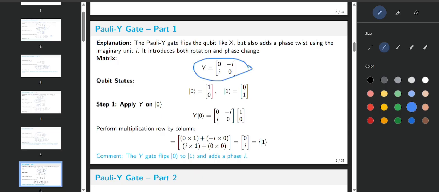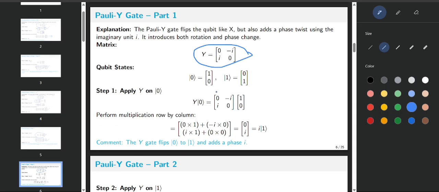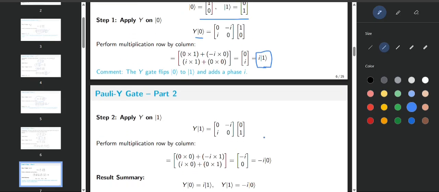So moving on to the Pauli-Y gate. This is how the matrix representation of the Pauli-Y gate looks. The entries minus i and i are complex numbers, or what we call the imaginary unit. Please look at the calculation. If you apply the Y gate to ket 0, you get i times ket 1.